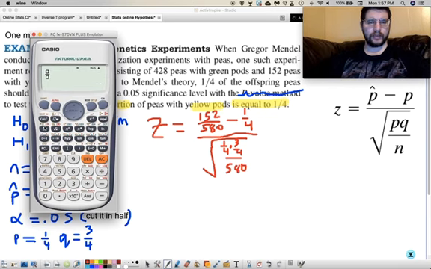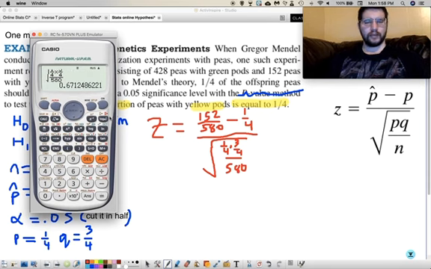So we got a fraction, and inside the fraction we got a fraction, 152 over 580, minus another fraction, 1/4, with a square root with a fraction, and put that over 580. 0.67, okay? And I'm going to go 4 decimal places just to be safe, 0.6712.